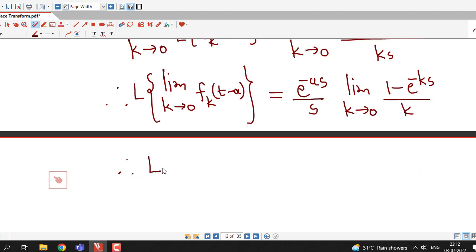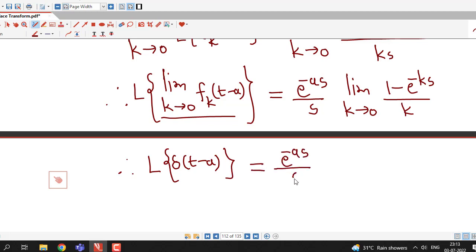Now the left hand side is the limit of this function, which is nothing but delta t minus a. So the left hand side becomes the Laplace transform of delta t minus a, and here we keep this as it is. If you take k equal to 0, you will have e raised to 0, that is 1, and 1 minus 1 is 0, and in the division also we have k.